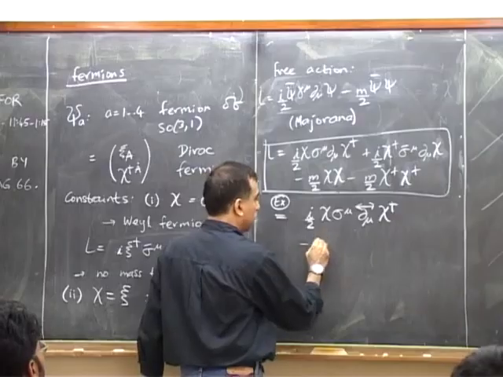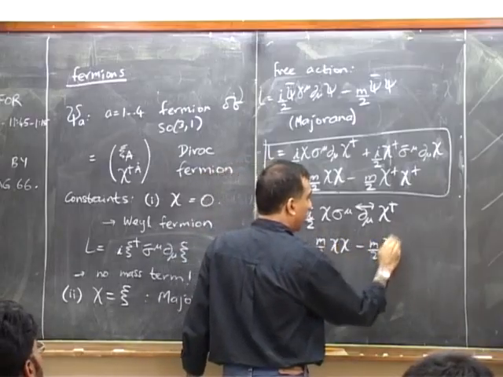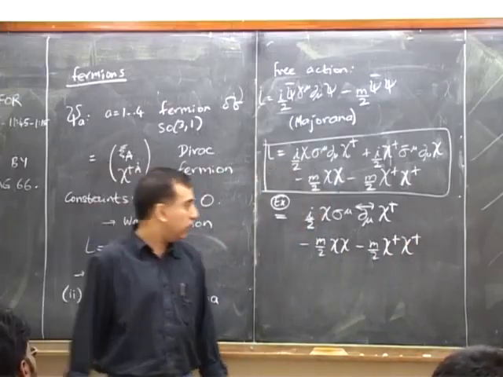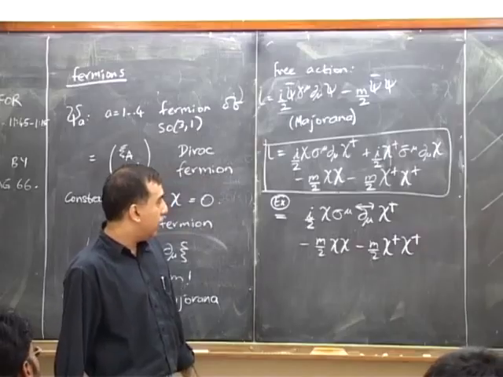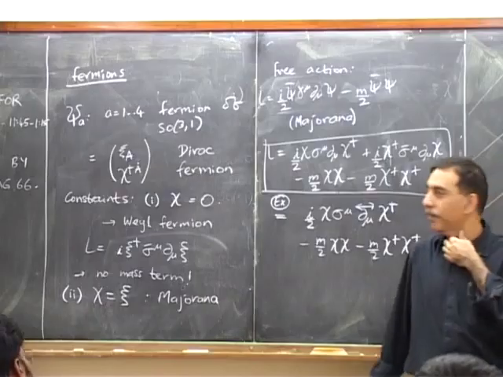Okay, and then the other terms stay, minus m/2 chi chi minus m/2 chi dagger chi dagger. Okay, so we see that there is nothing unnatural about having a mass term for a Majorana fermion.